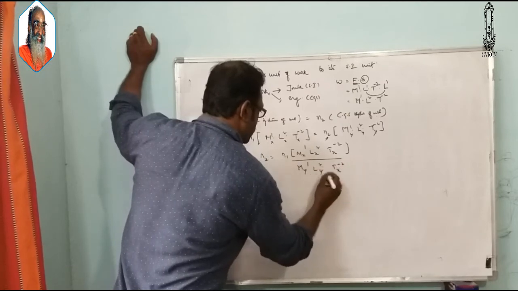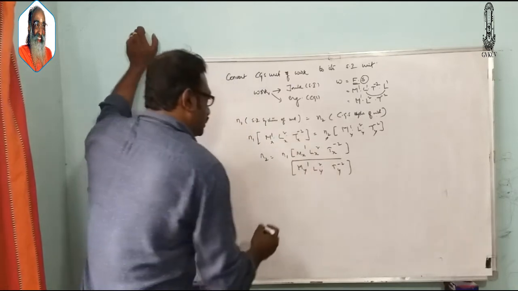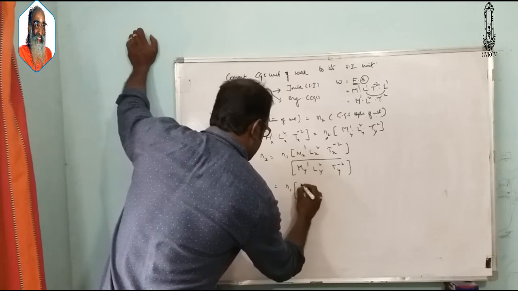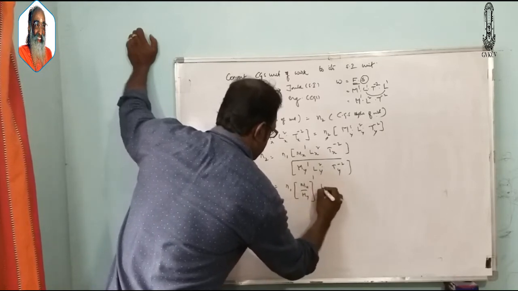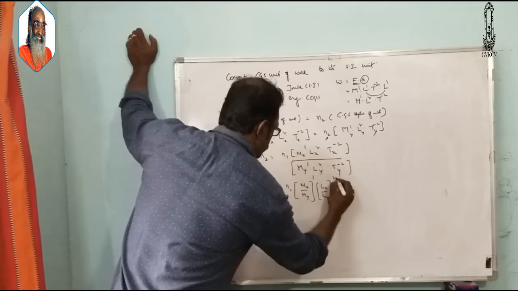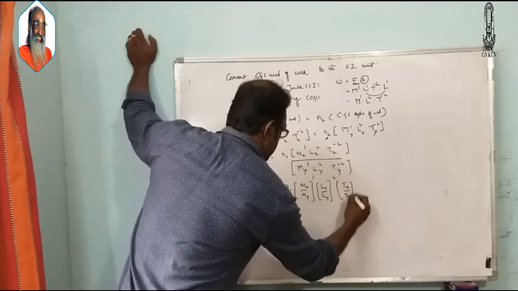So I can write like this, L1 over L2, all to the power of 2, T1 over T2, to the power of minus 2.